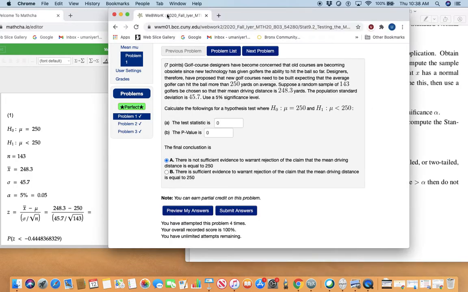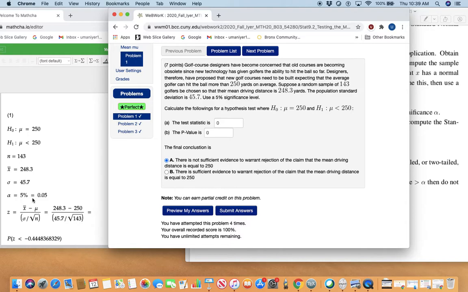All right. So I have input all this information here. H naught, mu is 250. H1, mu is less than 250. The sample size is 143, a random sample of 143 golfers. The mean of that sample is 248.3. The population standard deviation is sigma. And what is 5%? That is the significance level.